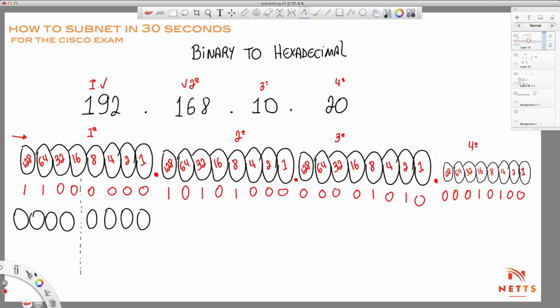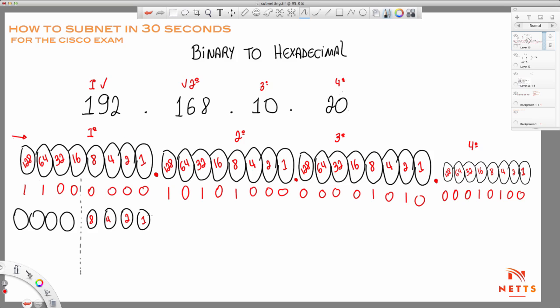In a normal IPv4 octet, we count from left to right. Now, when I do the conversion to hexadecimal, I'm going to start from right to left. So I use the number 1, the 2, the 4, and the 8, which is pretty much the same as the first part of the first octet.